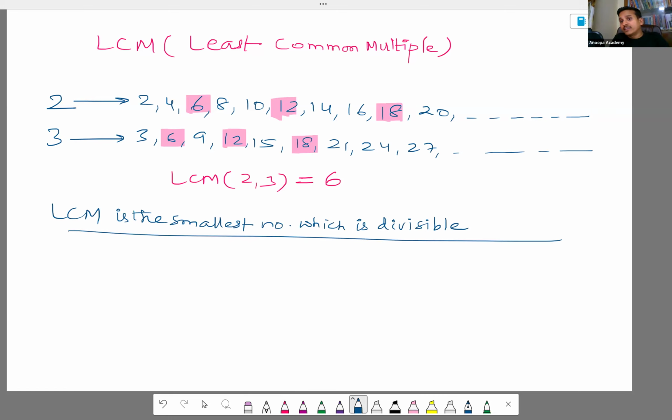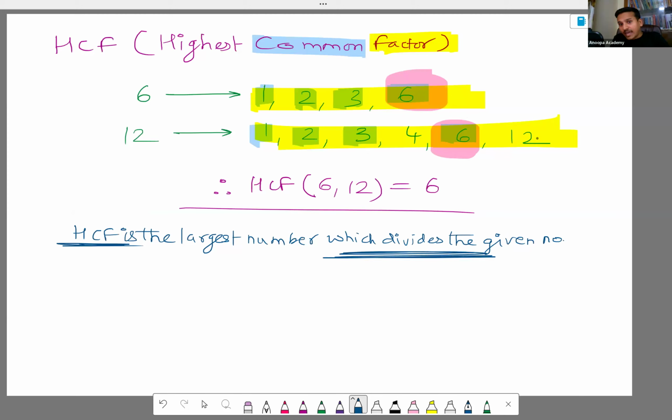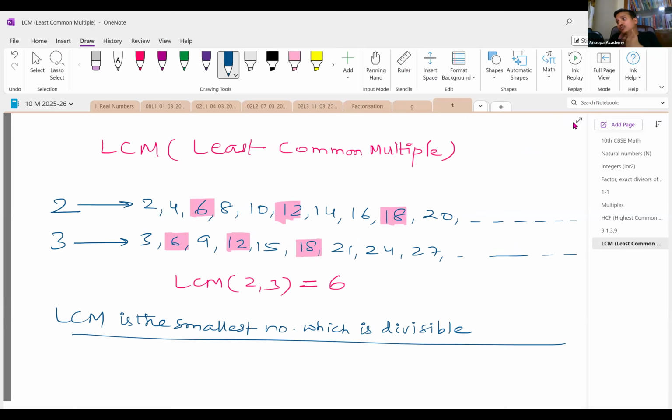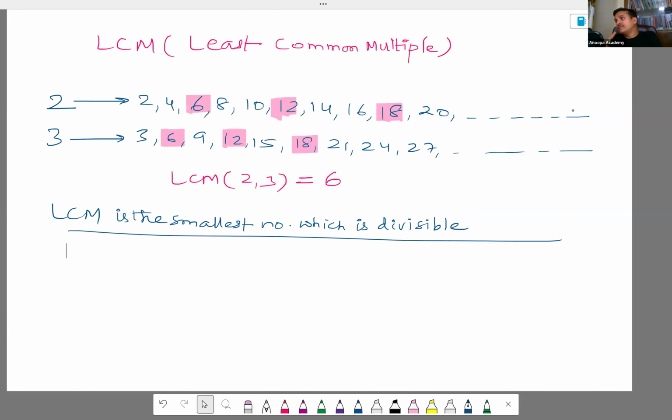That has to be very, very clear. HCF divides. HCF will divide. LCM is divisible. There is a difference. Both are not the same. Divides and divisible are not the same. Yes or no, everyone?